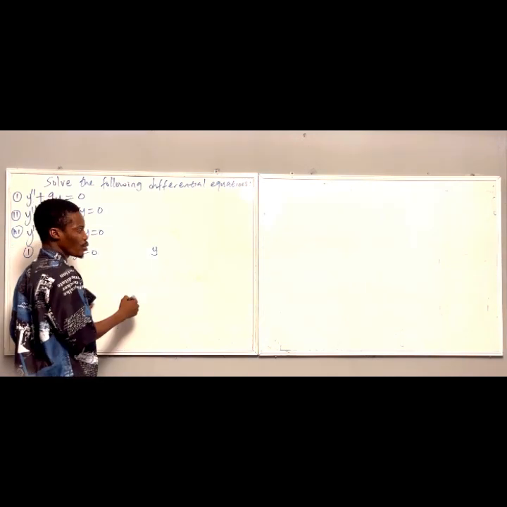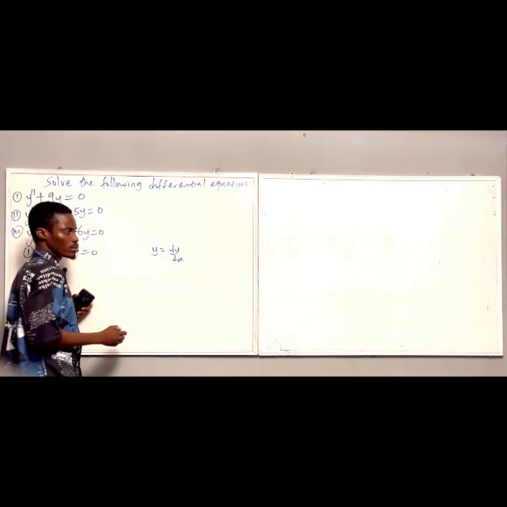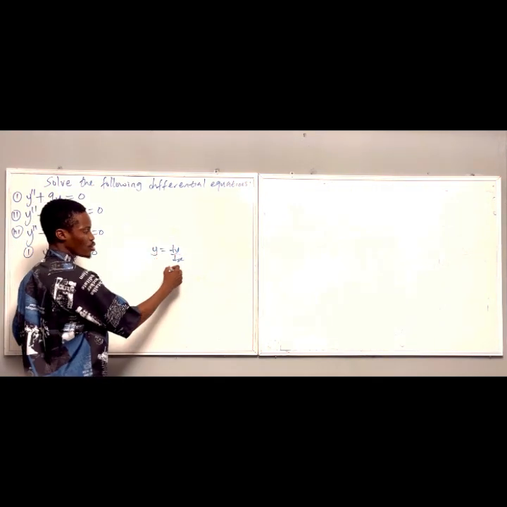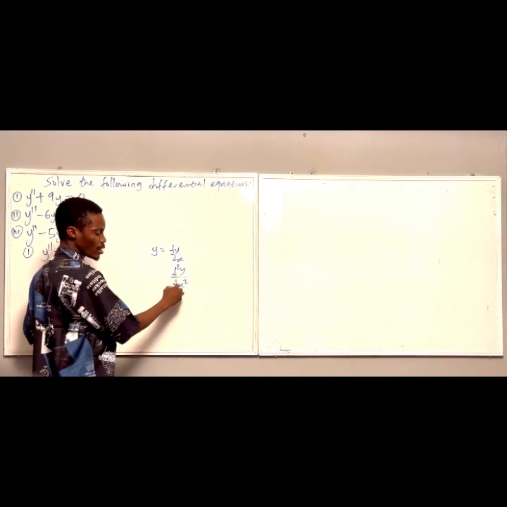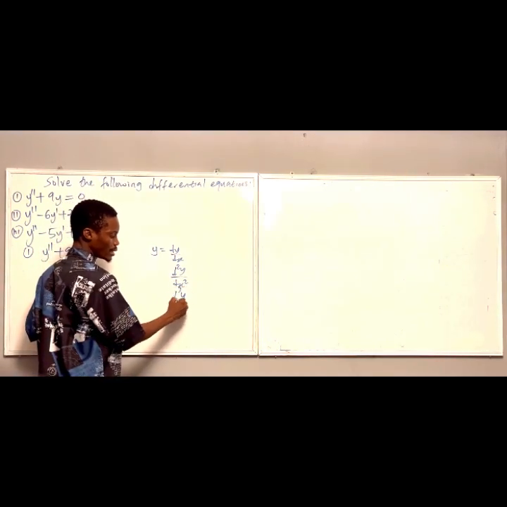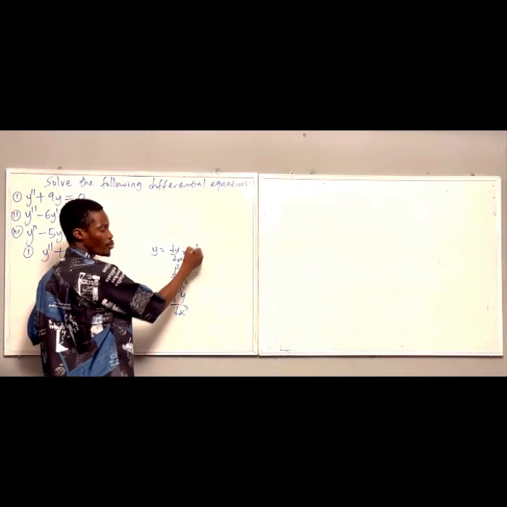If I differentiate y, what am I going to have? I'm going to have dy/dx. If I differentiate dy/dx, I'm going to have d²y/dx². If I differentiate again, I'm going to have d³y/dx³. So this is y, you can call this y', that is the first order, the first derivative.